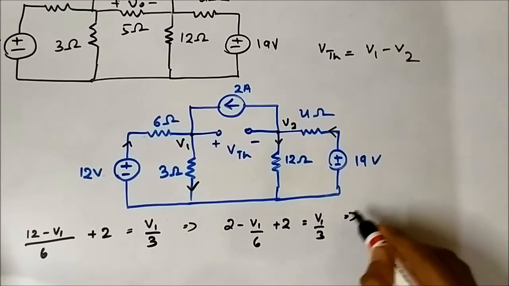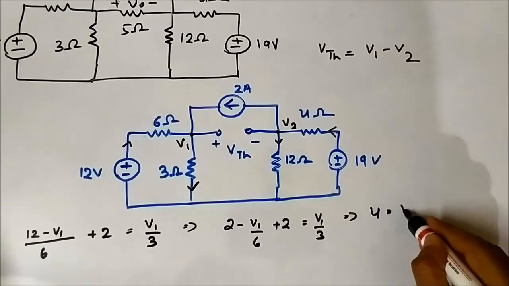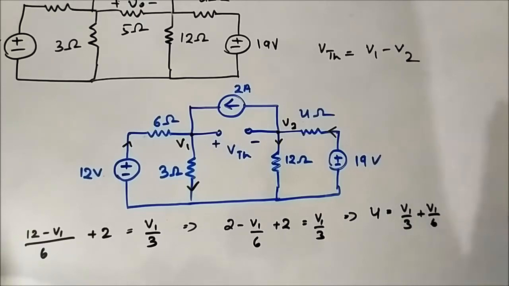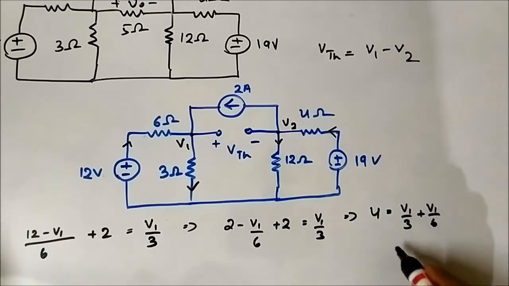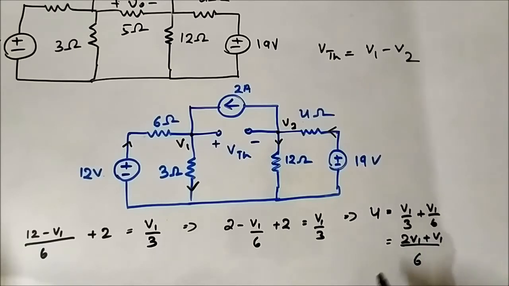That implies 4 is equal to V1 by 3 plus V1 by 6, which is equal to 2 V1 plus V1 over 6.